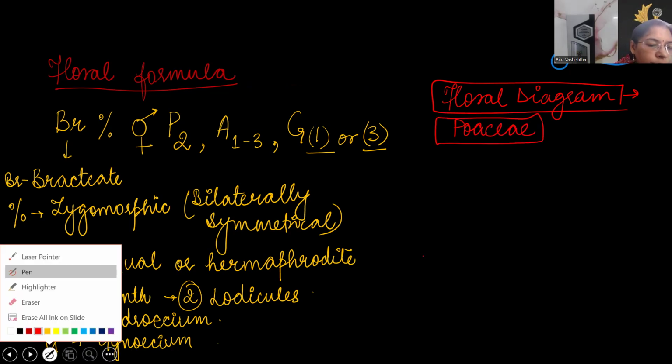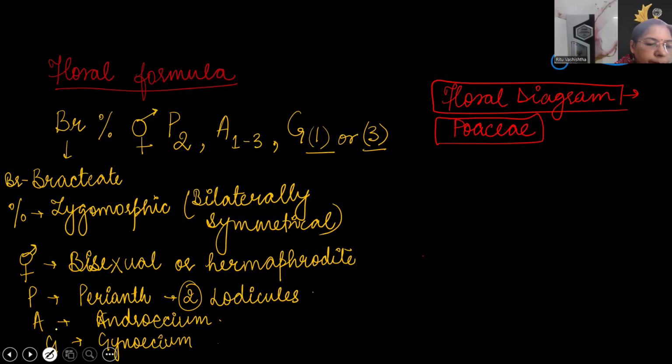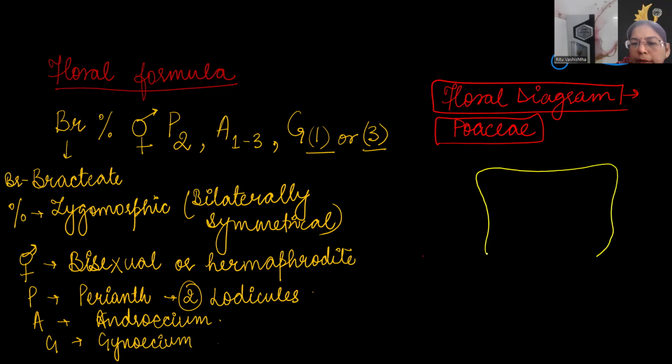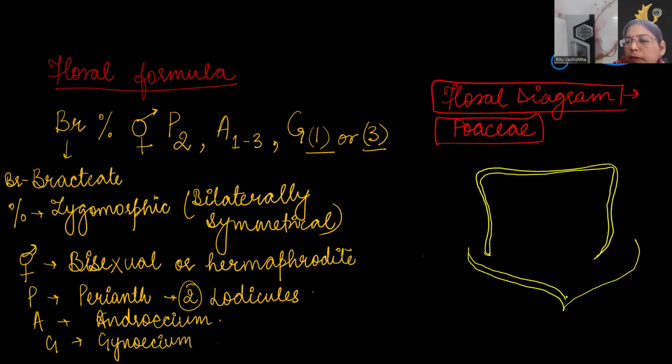Now here, when we draw the floral diagram, you will find that there is presence of palea, which is inner, and this part is known as the lemma, which is the outer part.